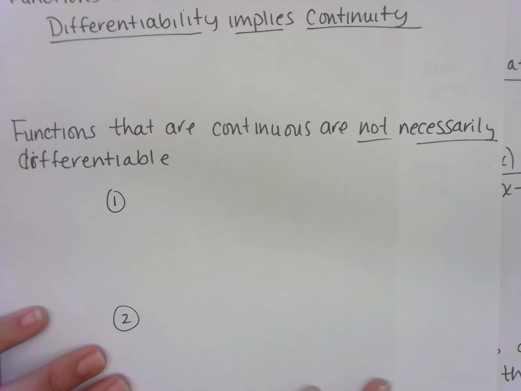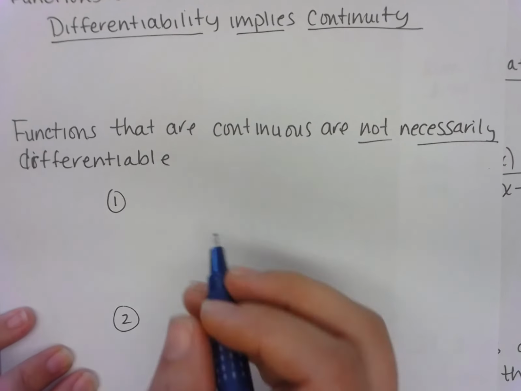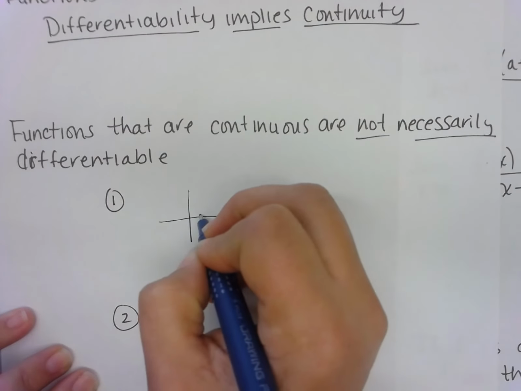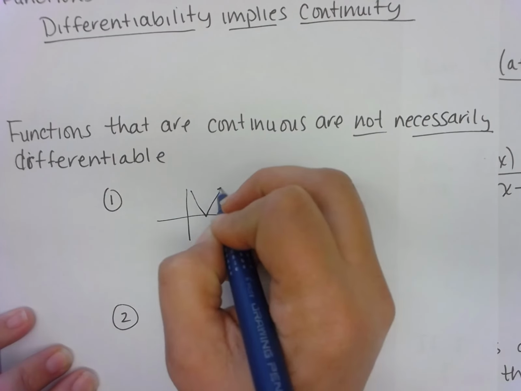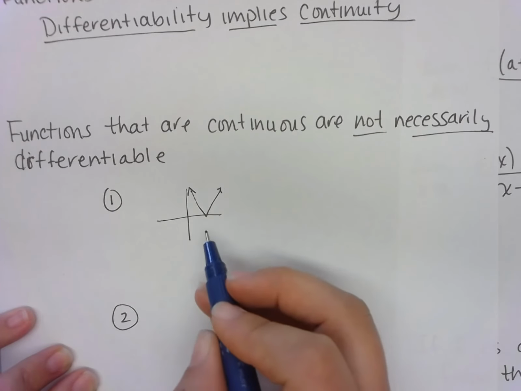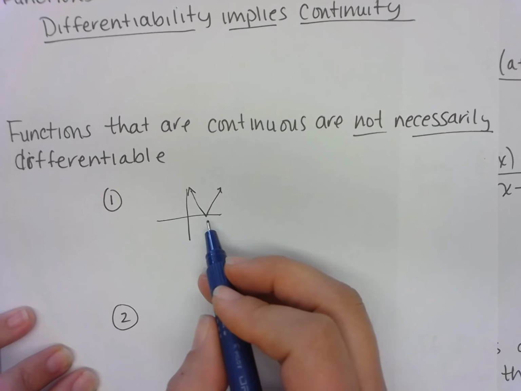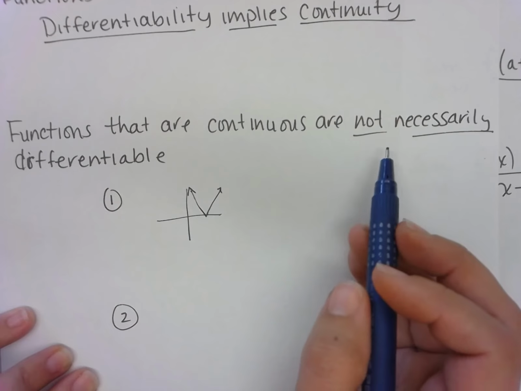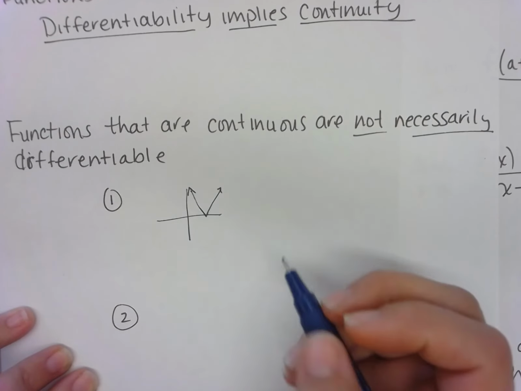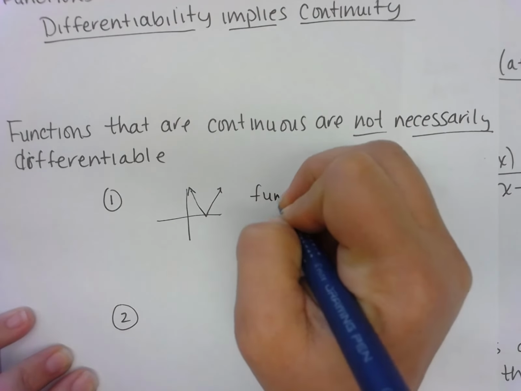And these are the cases where it's not differentiable. So the thing with the absolute value was that it had the sharp bend at x equals 3. And so functions that are continuous that are not necessarily differentiable are any function that has a sharp bend.